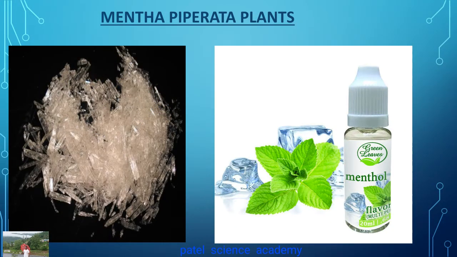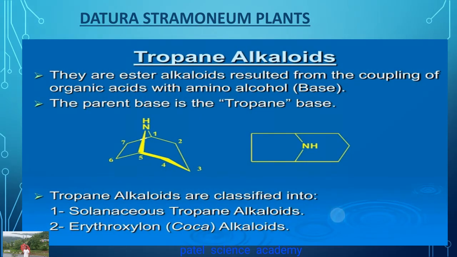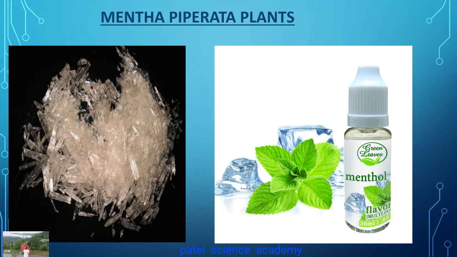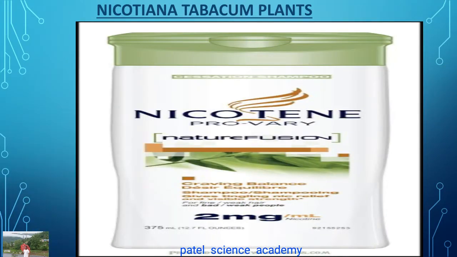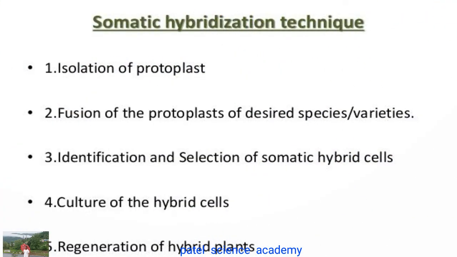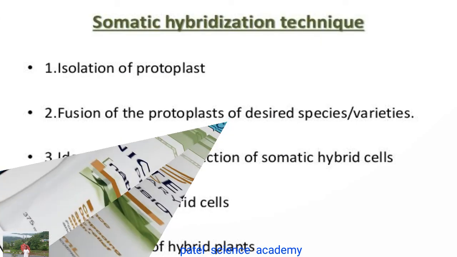Then the Mentha piperita plants, you can see a secondary metabolite of this plant is also possible to produce only because of tissue culture. Nicotiana tabacum plants, this product has been produced as a secondary metabolite by tissue culture. Somatic hybridization technique we'll see in the next lecture, dear students.